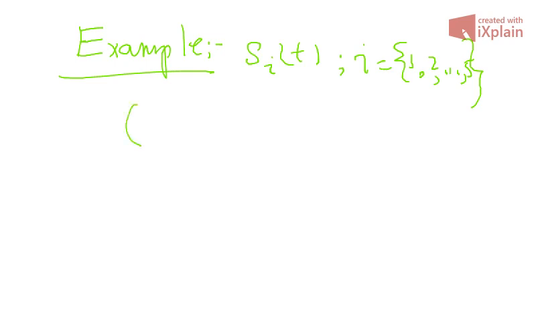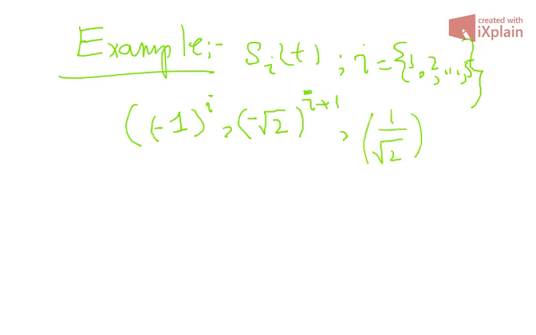The coordinates are given like, for example, -1 times -1 raised to the power i, and the second coordinate is, suppose, √2 minus √2 raised to the power i plus 1, and the third one is 1 over √2 to the power i minus 1. Suppose these are the coordinates, right?